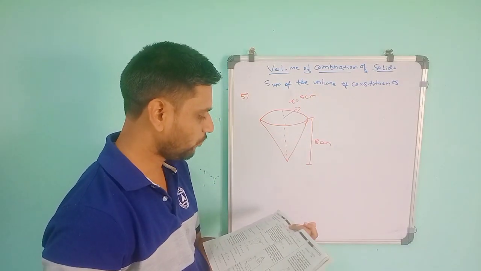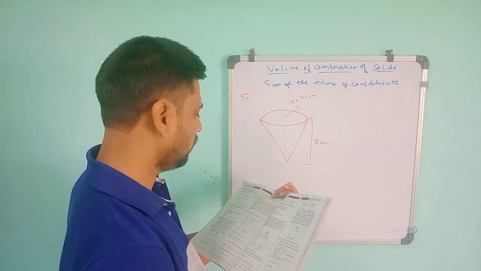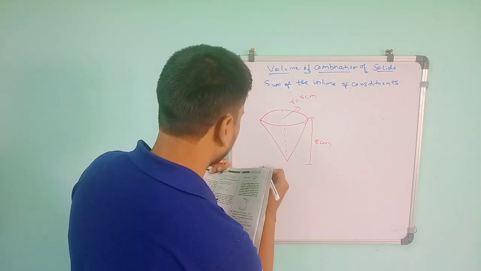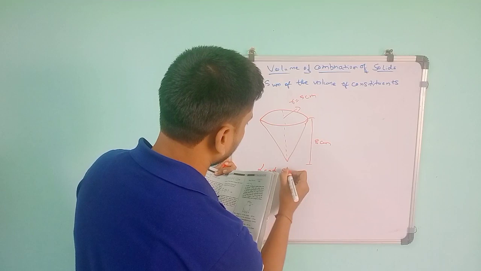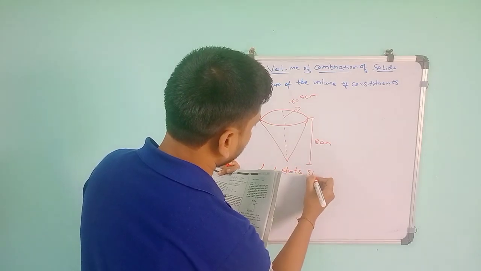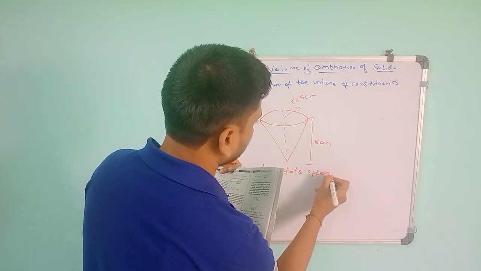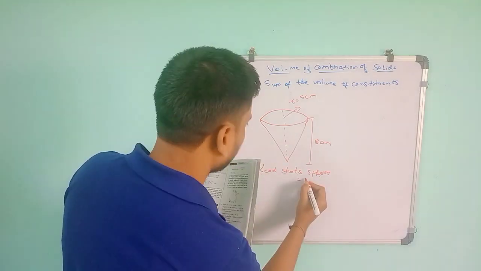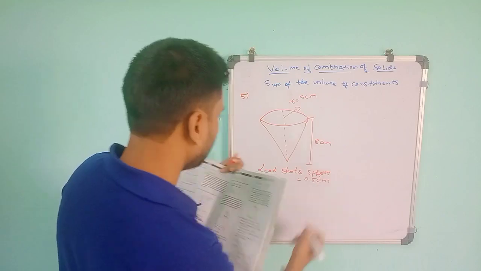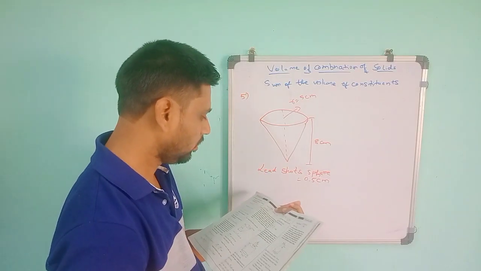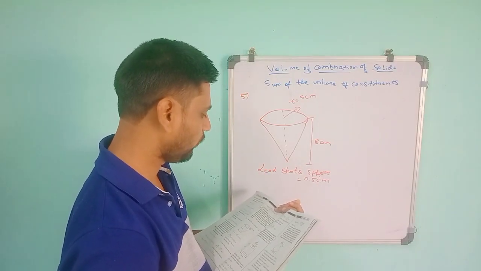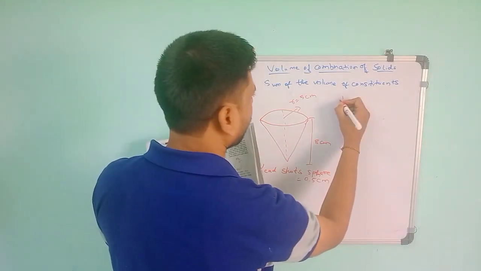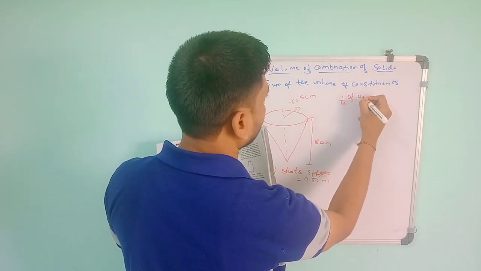When lead shots, each of which is a sphere of radius, the radius of the lead shot sphere is equal to 0.5 cm. Then they are dropped into the vessel, and 1/4 of the water flows out.